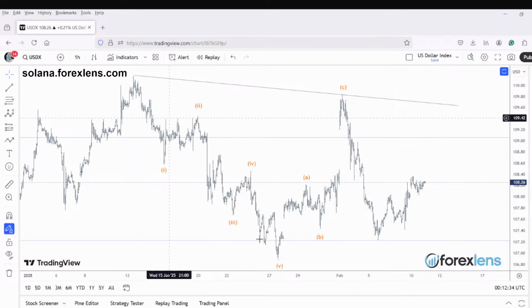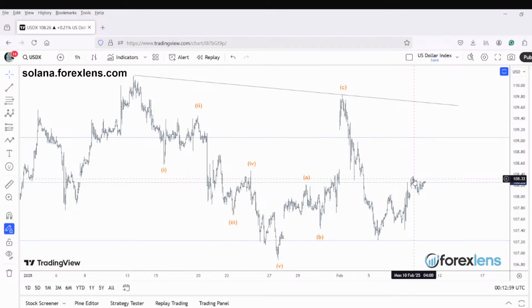So lower degree waves, ones and twos, continue to be in place, where we've got wave one, 5 down of a minute degree, and 3 up of a minute degree as well. And again, we've got wave one of a lower degree and wave two of a similar degree in place.